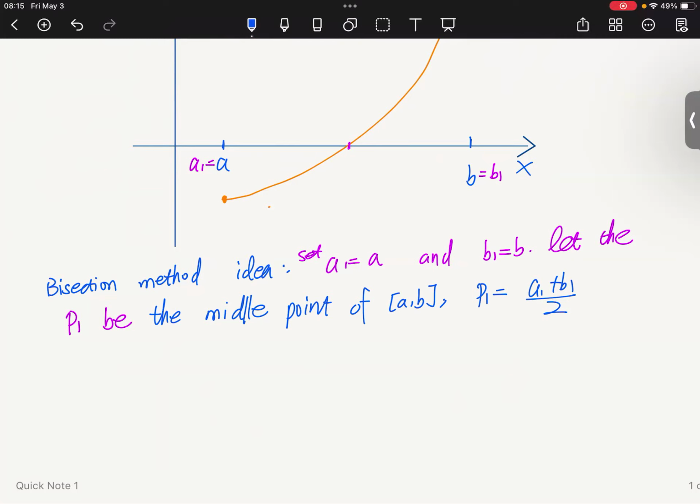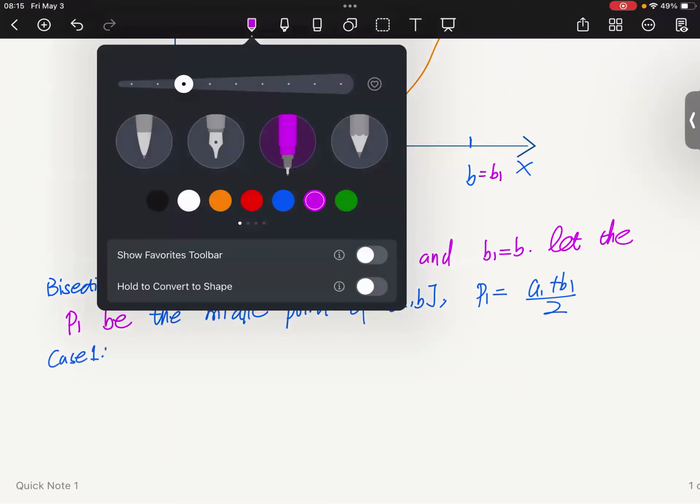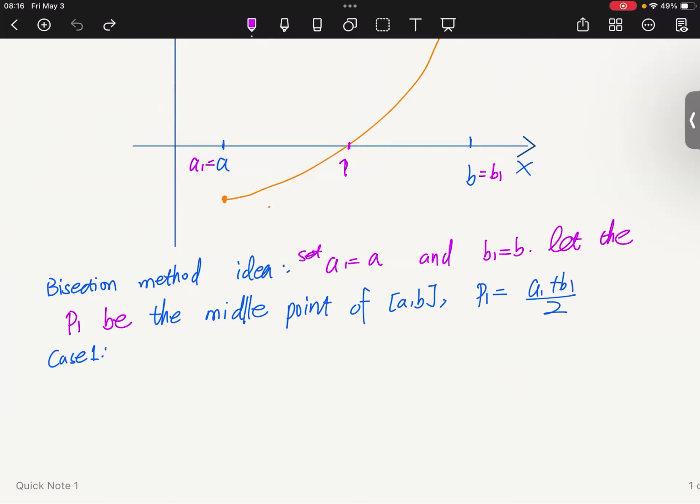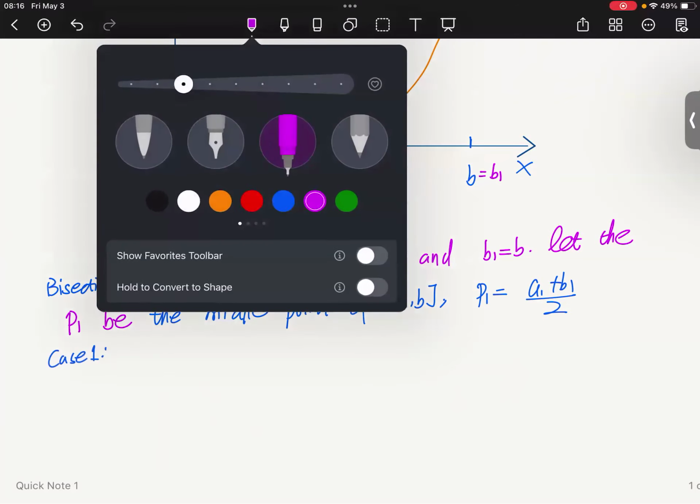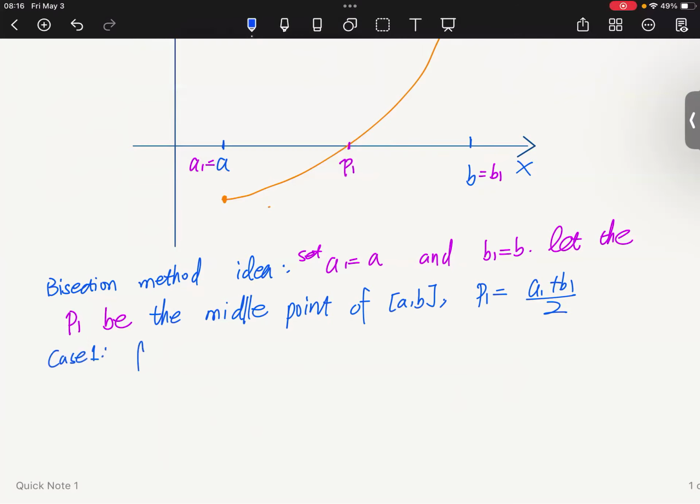So case 1, and you have already seen the case 1 here. This is the case 1, and we have the middle point of function, and then evaluate at the P1, and then it equals 0. And then the solution P, so we use the P to denote the solution. The solution P is just equal to P1, and then we can stop the iteration.